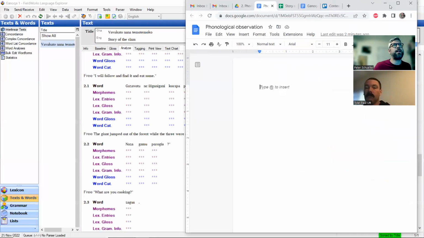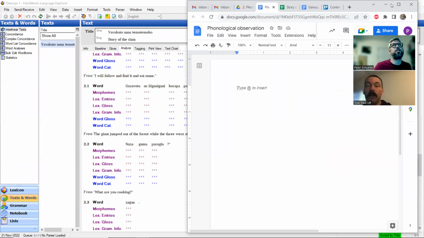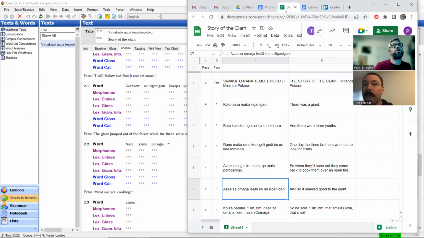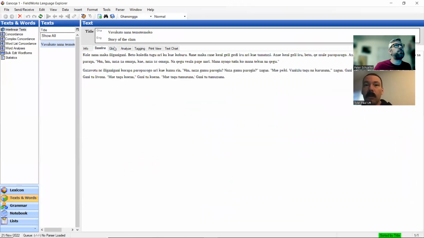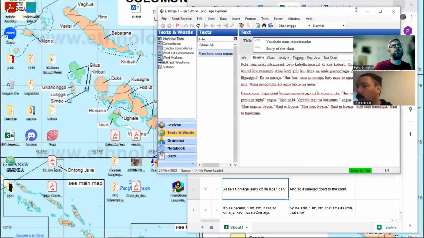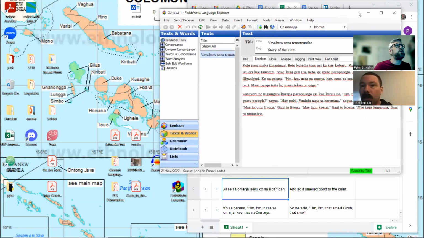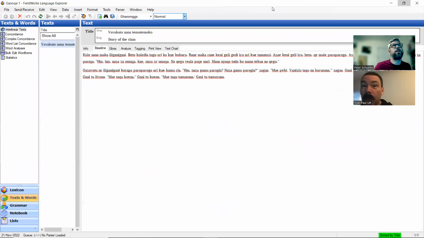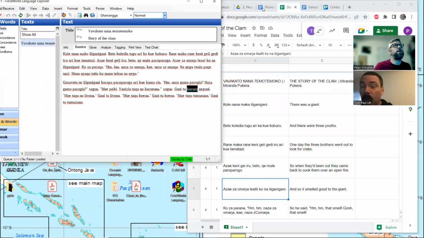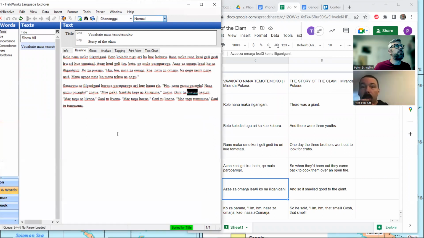All right, let's work a little bit on our Flex file here. If you'll go to the baseline. Okay, let's see where we left off. Mai tangu koena.